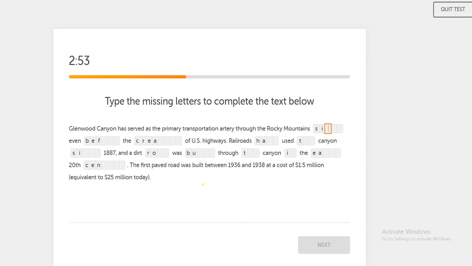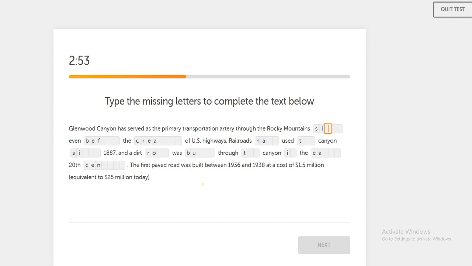The first paved road was built between 1936 and 1938 at a cost of $1.5 million, equivalent to $25 million today.